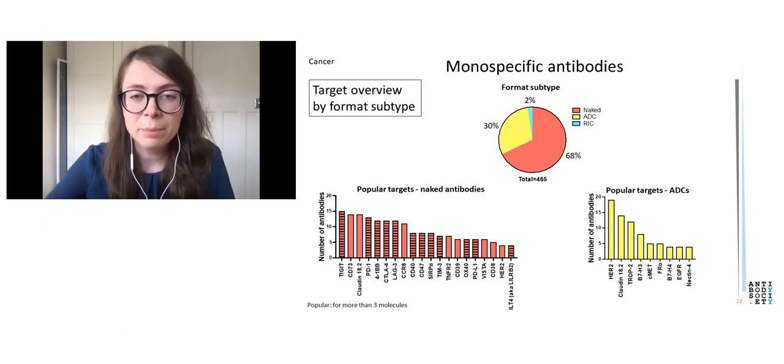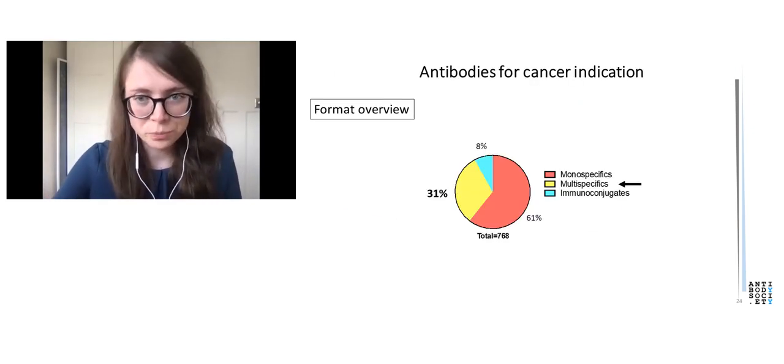And the striped bars refers to targets which also have an immunomodulatory property. So it's interesting to see how the targets for naked antibodies have mostly immunomodulatory properties, while this is not the case for the targets of antibody-drug conjugates. The most frequent one is HER2, followed by Claudin 18.2 and TROP2.